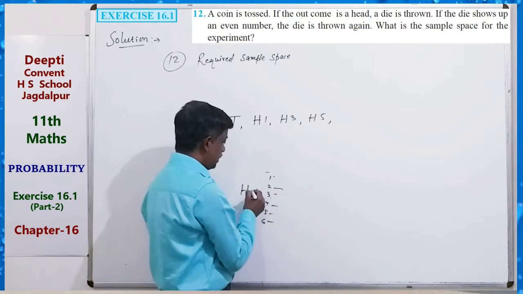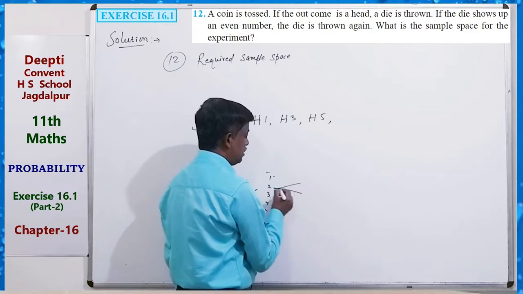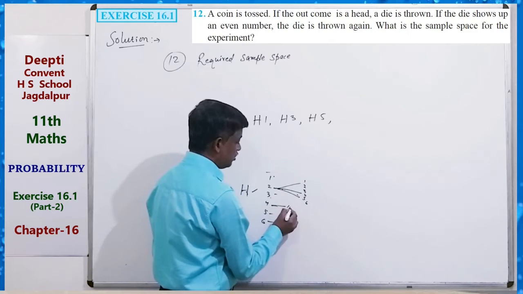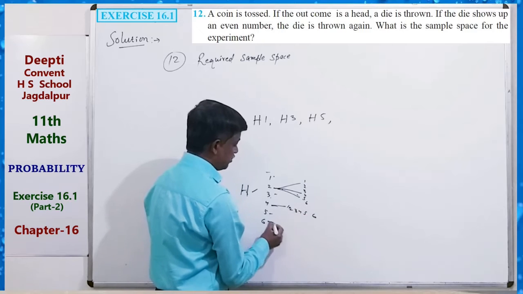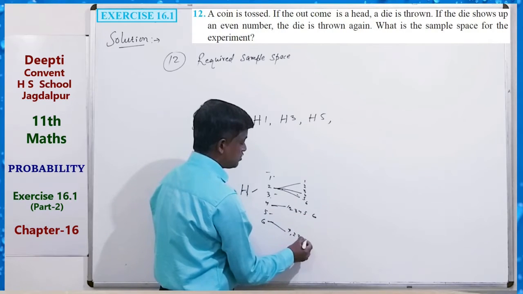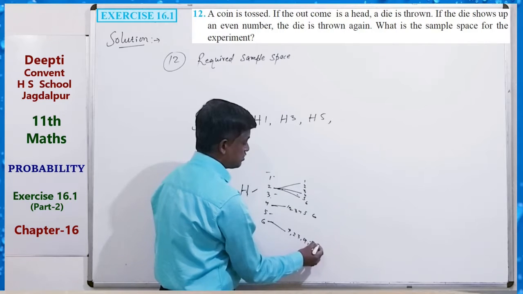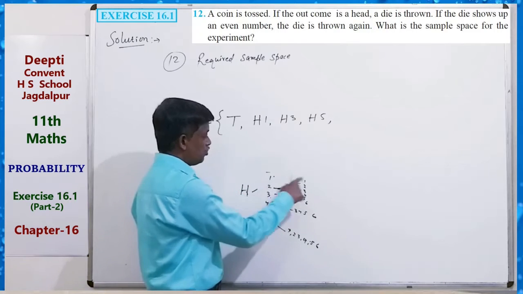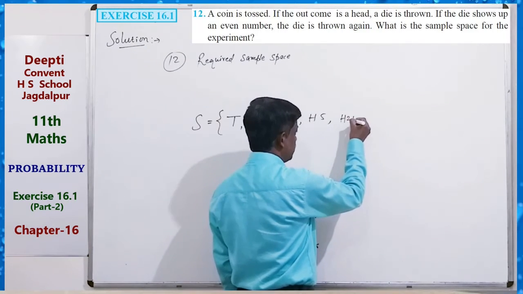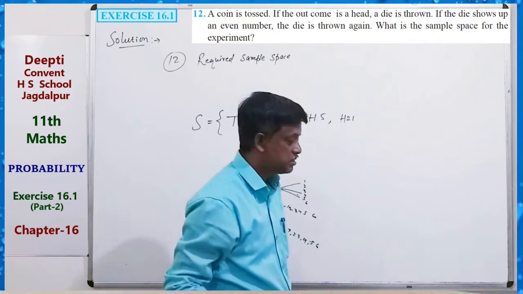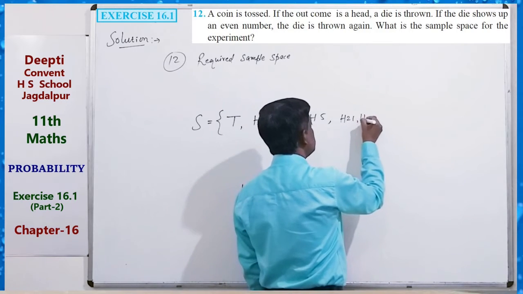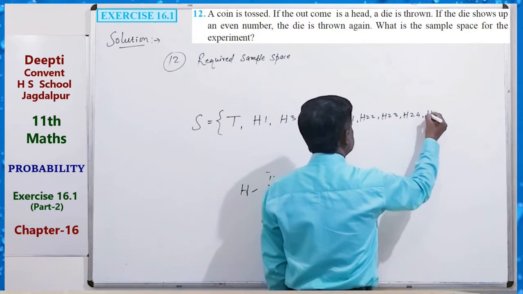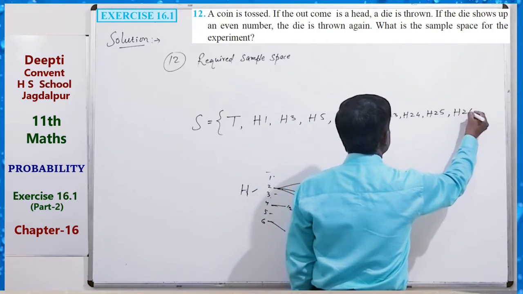And again, if H and 2, then again 1, 2, 3, 4, 5, 6. H4, then 1, 2, 3, 4, 5, 6. So just we have to write what? H2 and 1 up to 6: H21, H22, H23, H24, H25, H26.